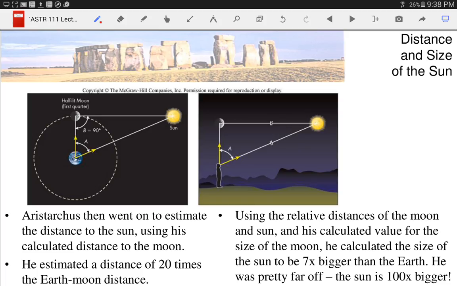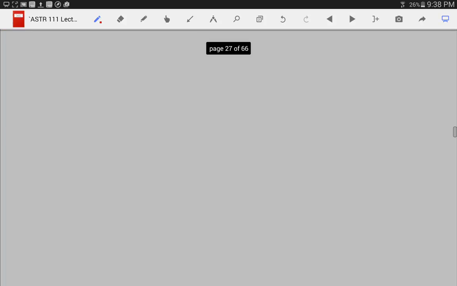He went further and tried to estimate how big the sun was and how far away the sun was now that he had this information on the moon. And he said that the sun is about 7 times bigger than the earth and about 20 times farther away than the moon. Close enough. Not close enough. That one was way off. Hey, no one's perfect, but he did some really, really good work.